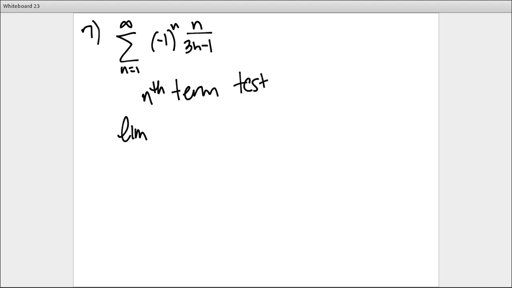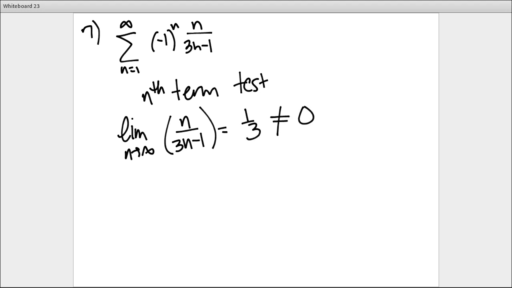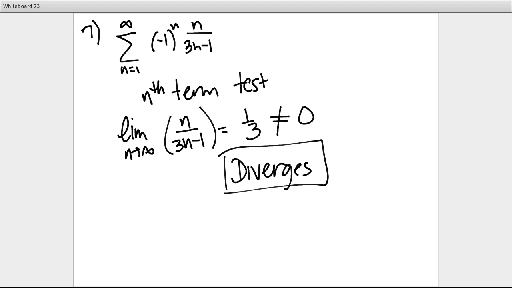All right, so if I do the nth term test, that means I'm taking the limit as n goes to infinity of n over 3n minus 1, and that ends up being 1/3, which is definitely not 0. And so it definitely diverges. I would do a quick check of that always, seeing if it fails the nth term test.